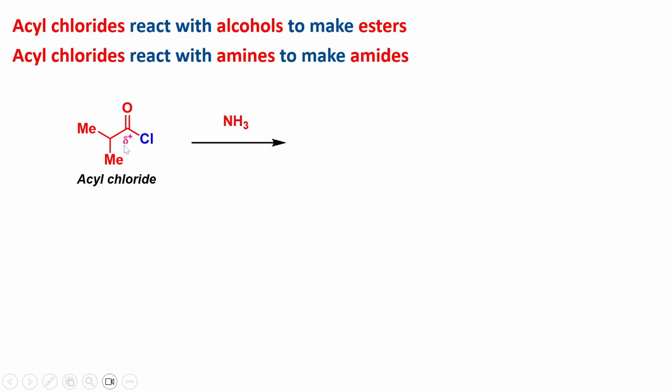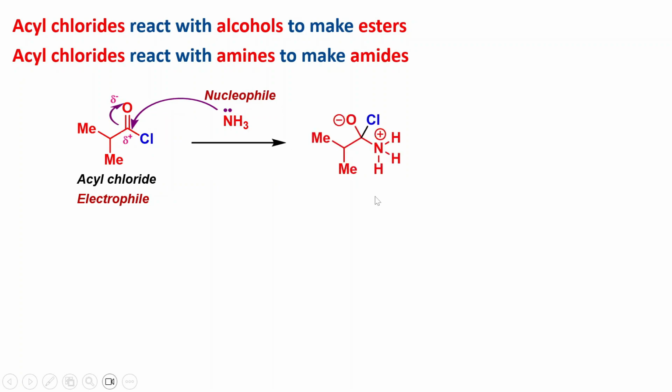So you know that here the carbon has a partial positive charge, the oxygen has a partial negative charge, and your nitrogen has the lone pair, right? So this can act as a nucleophile. So your electrophile will be the acyl chloride. So the lone pair on the nitrogen can attack this carbonyl carbon and this bond can go to the oxygen. So what you will generate is an intermediate like this, right?